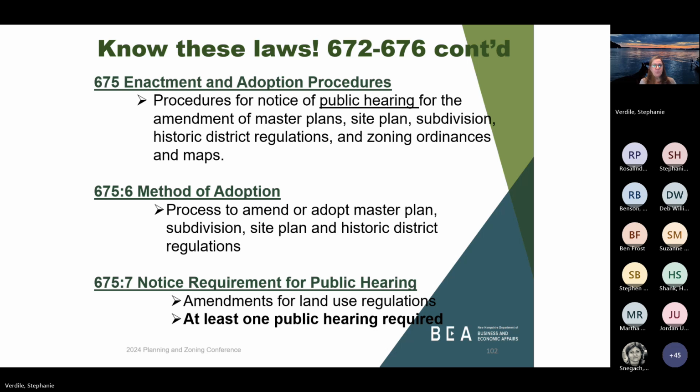Again, more on enforcement and adoption procedures: the notice for the public hearing for the amendment of the master plan, subdivision, and site plan, we had that question before. 675 is for the noticing requirements and procedures for the zoning amendment process, as well as for the regulations. 675:6, again, is the process to amend or adopt the master plan, subdivision, and site plan regulations. Again, when it's zoning amendment time, or time to amend your regulations, you need to know, as either staff or secretary for the board, which RSAs you're going to be using to make sure that you're noticing it correctly.